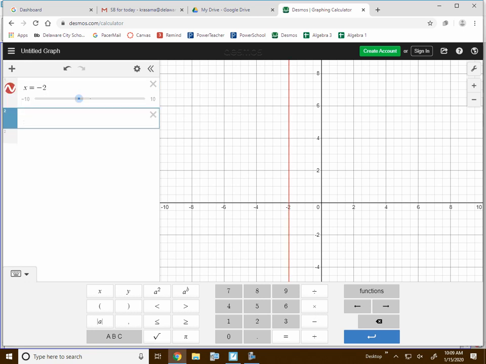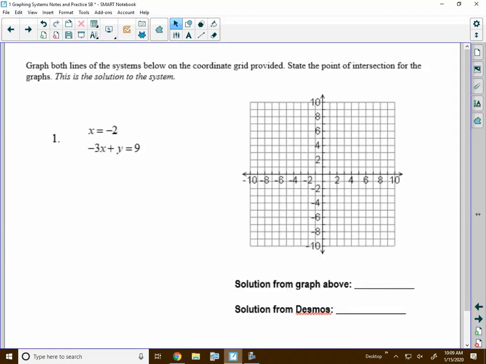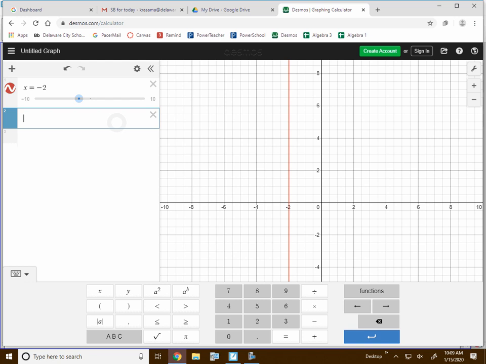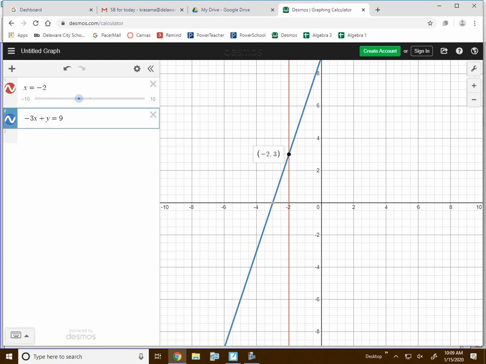And then the second equation is -3x plus y equals 9. When you put these in Desmos, you'll type the equations in on two different lines, and then you want to look for where they intersect.